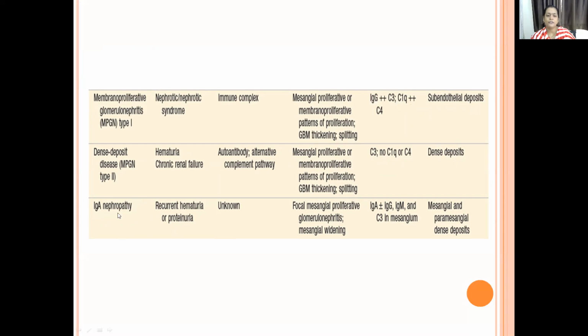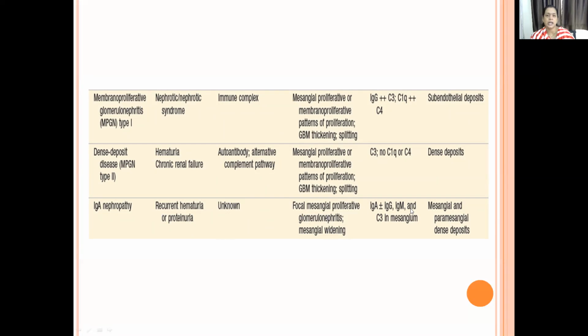In IgA nephropathy, now I'll be talking in detail. There can be recurrent hematuria and proteinuria, and there is immune complex, or whatever the pathogenesis is, it is unclear. Here we have focal mesangial proliferative glomerulonephritis, and there is mesangial widening which can be seen under the light microscopy. What is getting deposited?